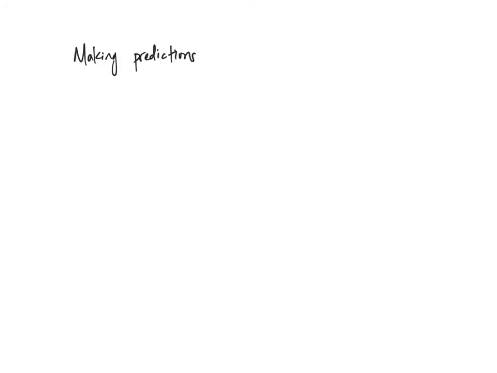And the final topic in this section is making predictions. Example 8 is a good example of this. I recommend that you read over it. Essentially, the idea is they'll give you two data points, and they'll tell you to assume that the sales or the population or whatever they're measuring either grows or declines linearly.